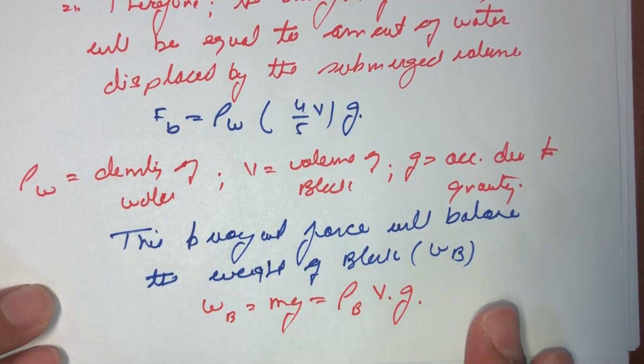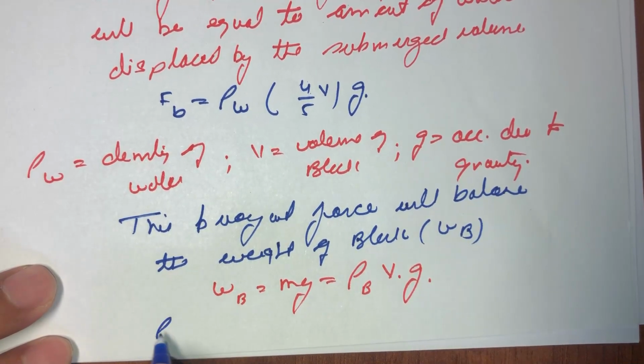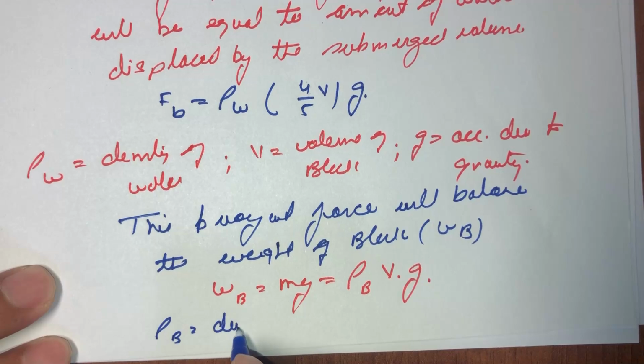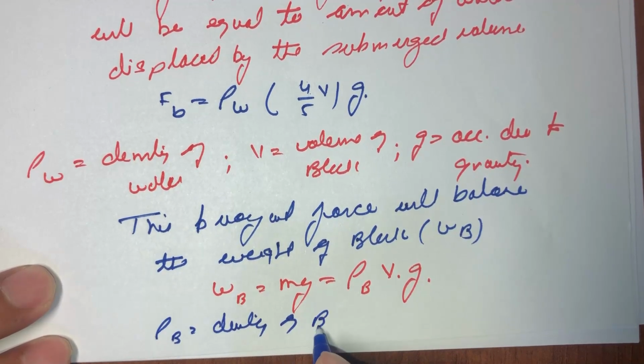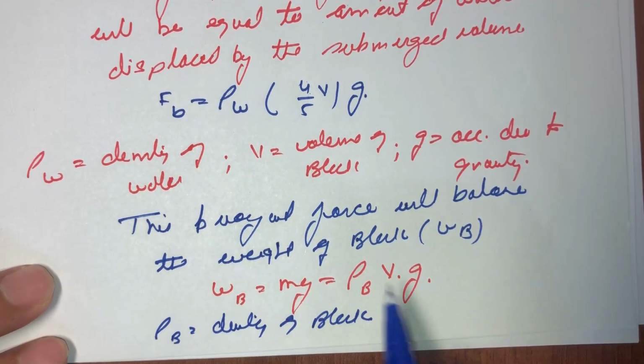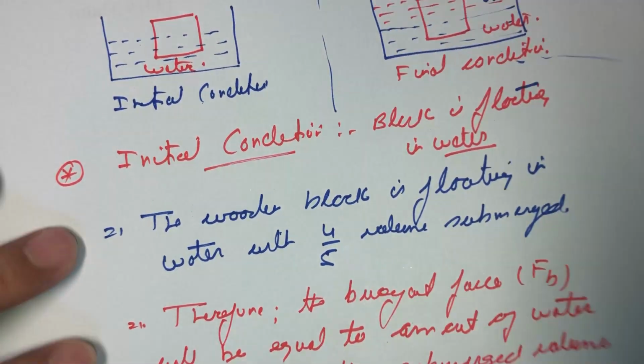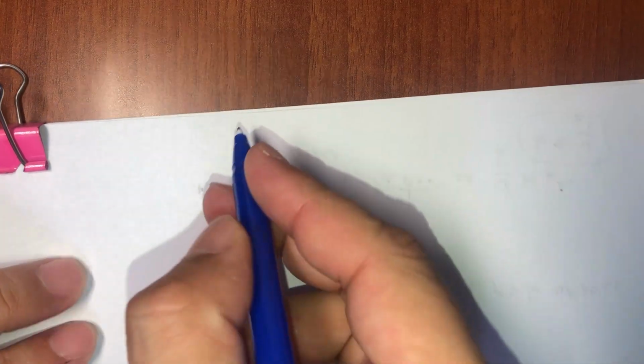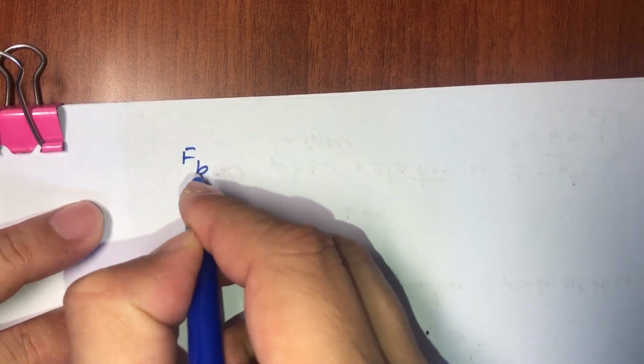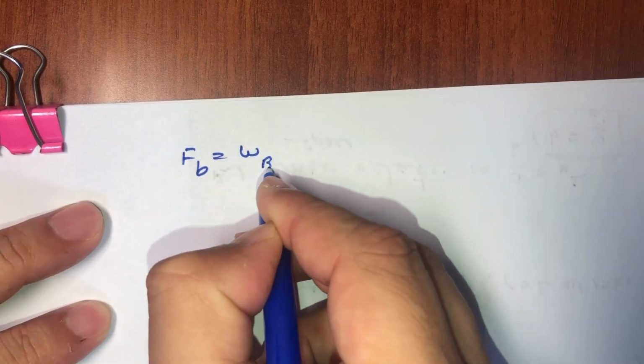Here rho b is the density of the block, and V, we already wrote, is the volume of the block. So we can say that the buoyant force will be equal to the weight of the block.